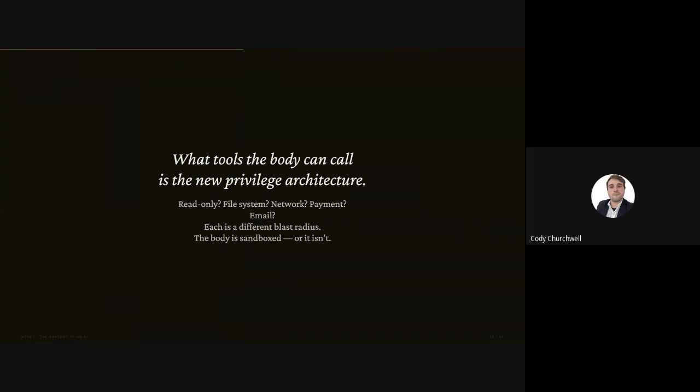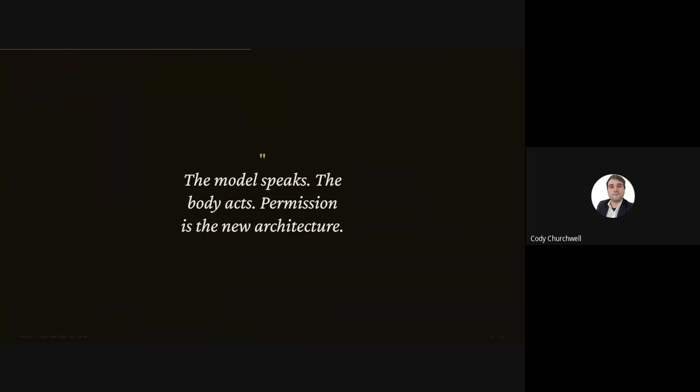A process should have access to only the resources strictly required for its task. Applied to AI, don't give it your home directory, give it a sandbox test directory. Don't give it full email access, give it read only. Minimize the blast radius. So the model speaks, the body acts, and permission is the new architecture.